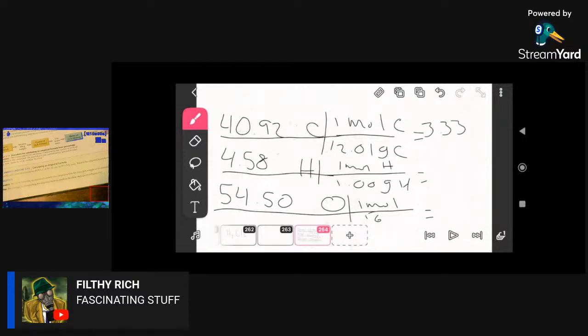So if you do it in the calculator, 3.3, some shit like that, and then I got 3.4, some shit like that. Hold on, let me see. My numbers are all messed up. 4.54.